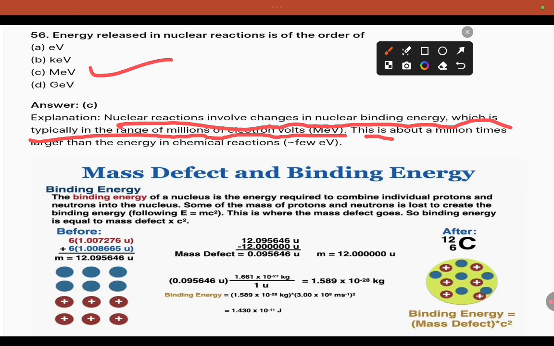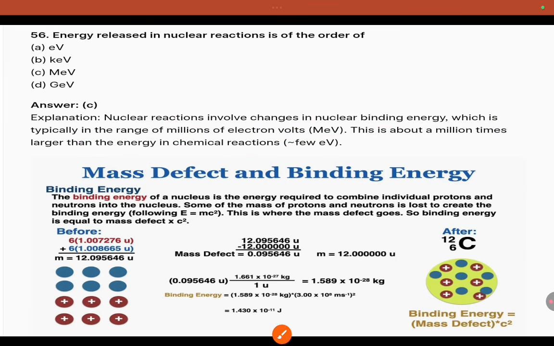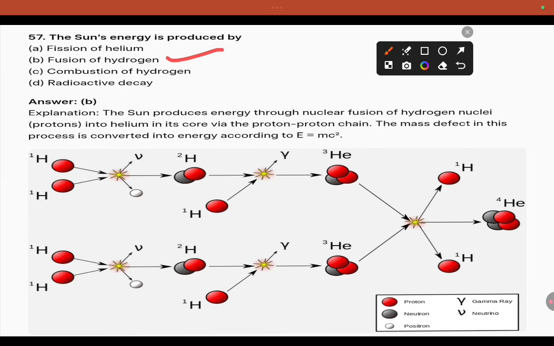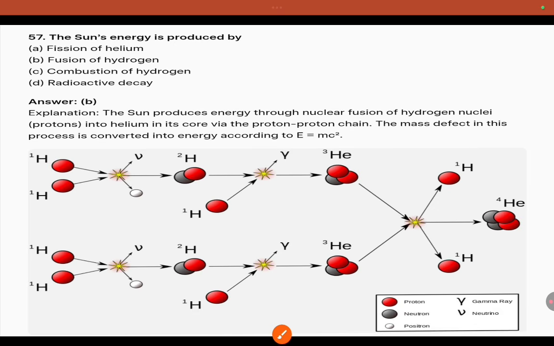This is about millions of times larger than the energy in a chemical reaction. A chemical reaction is just electron volts. The sun's energy is produced by fusion of hydrogen. The sun produces energy through nuclear fusion of hydrogen nuclei into helium.